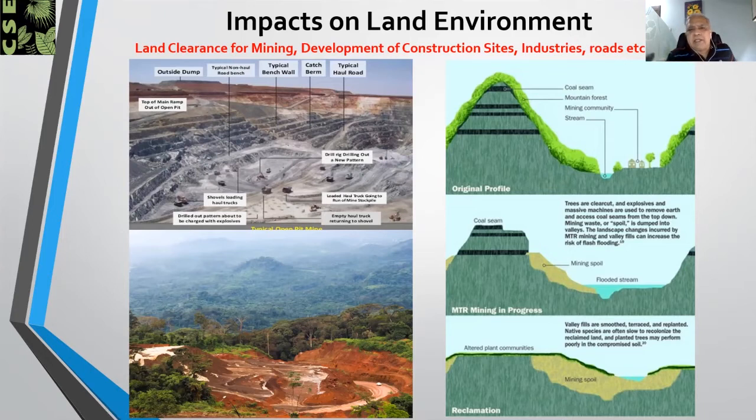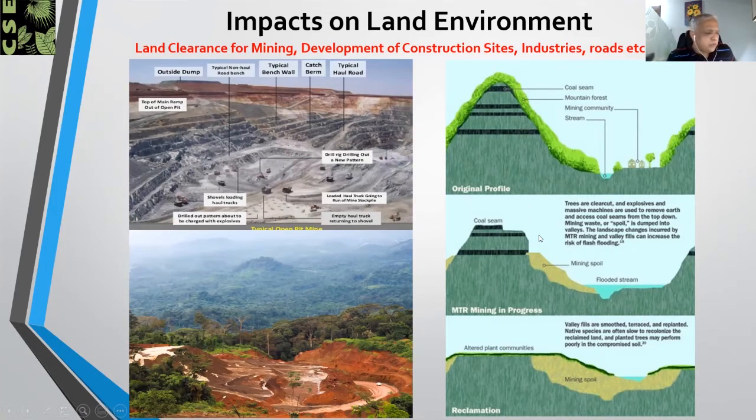So what is done is the vegetation is removed, and we reach the ore body. As we remove the vegetation and the top surface, the excavated material, the mining spoils, is disposed of into the valley and floods the valley, again destroying the vegetation there, as also spoiling the stream below.